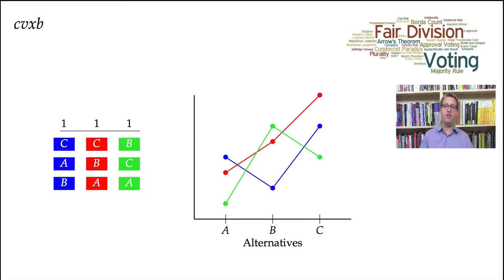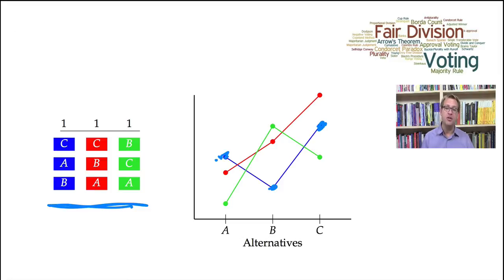Well, here's another example of a profile of preferences that doesn't give rise to everybody being single-peaked. In particular, the blue agent here ranks C above A above B. So the blue agent is not single-peaked. He has two peaks to the shape of his preferences. And this doesn't give rise to an intransitive ordering.